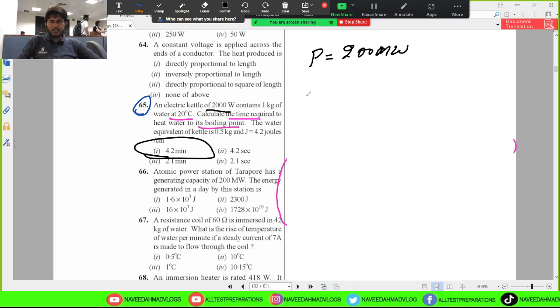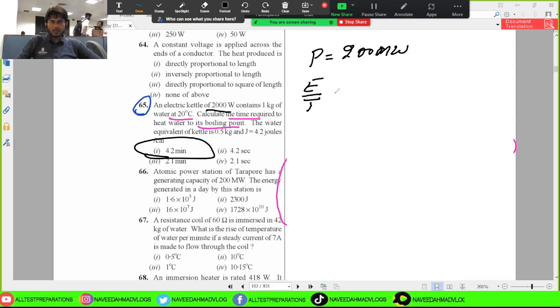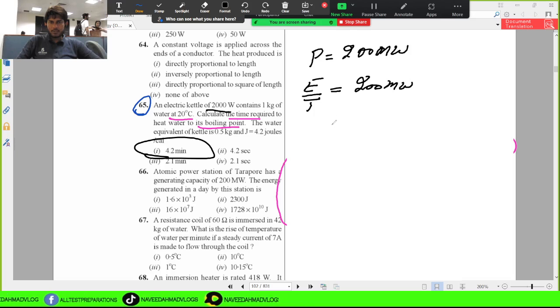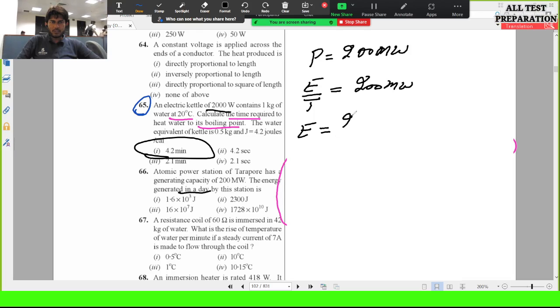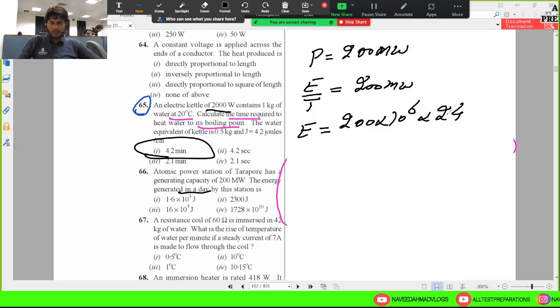We know that power is equal to energy per unit time, that is equal to 200 megawatt. So your energy will be equal to 200 multiplied by time. You need to find it in a day, so in a day we have 24 hours, and you need to convert it into seconds.